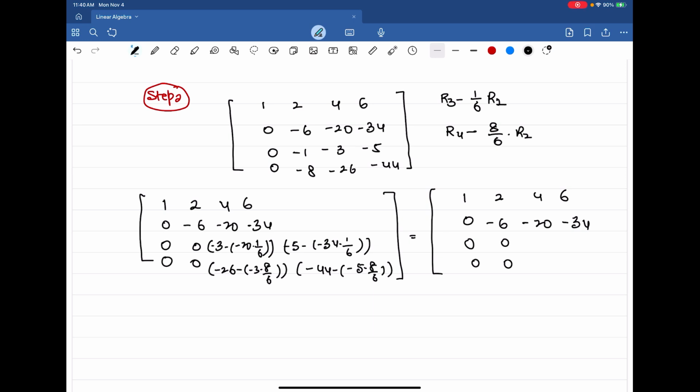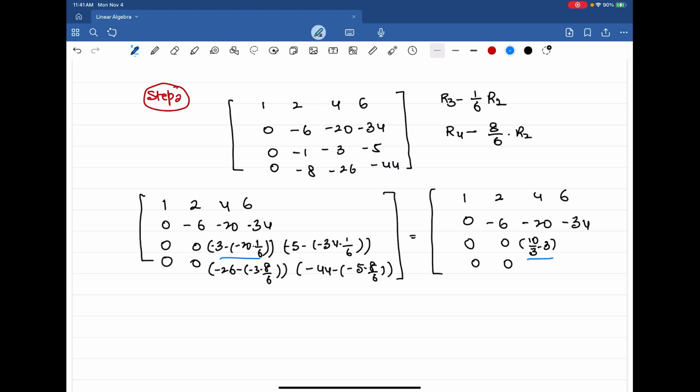That means 20 by 6 is 5 by 3. Agreed? 10 by 3, sorry. 20 by 6 is 10 by 3. This means it will be 10 by 3 minus 3.